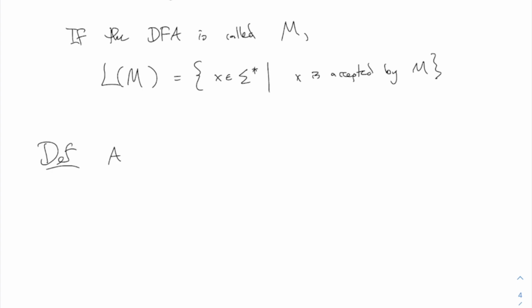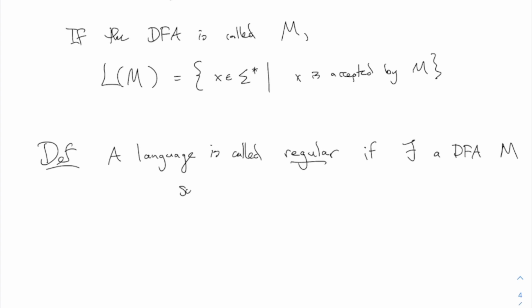A language is called regular. Regular means that it is the language of some DFA. So a language is called regular if there exists a DFA M such that the language, sorry, I should have put this.